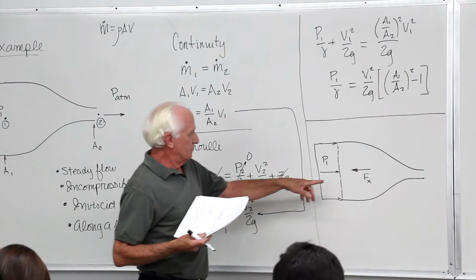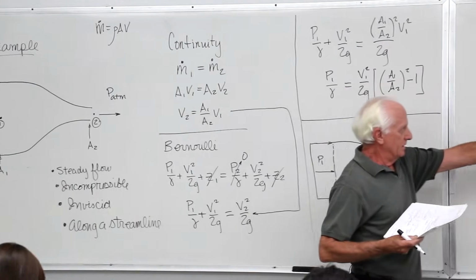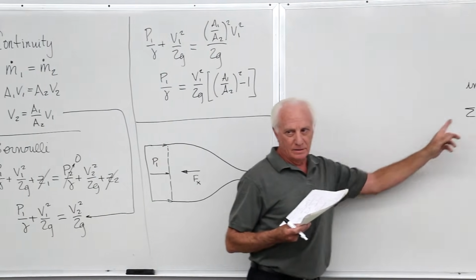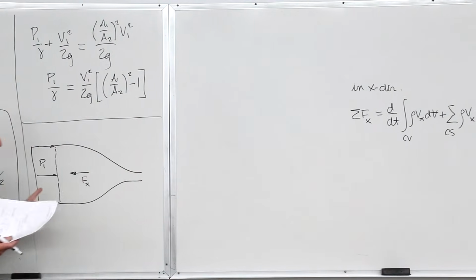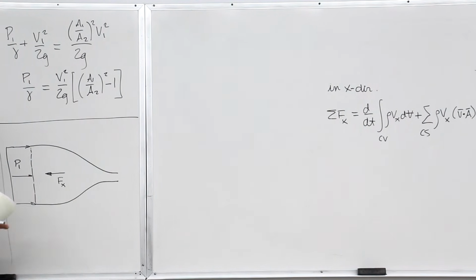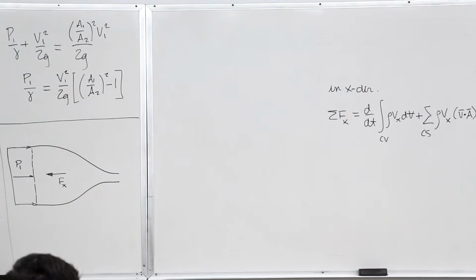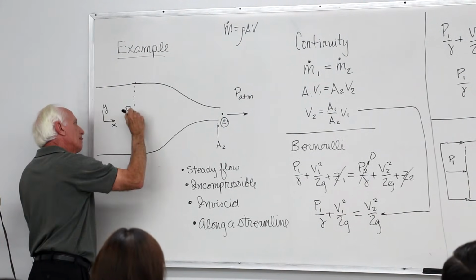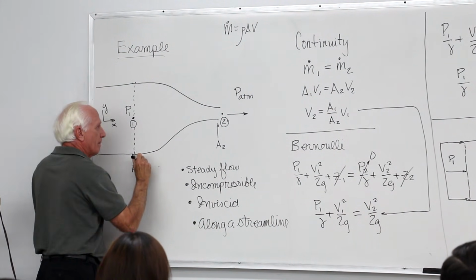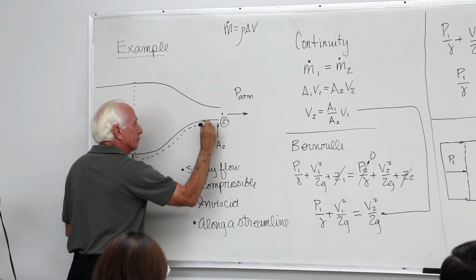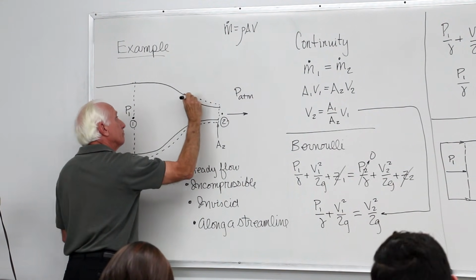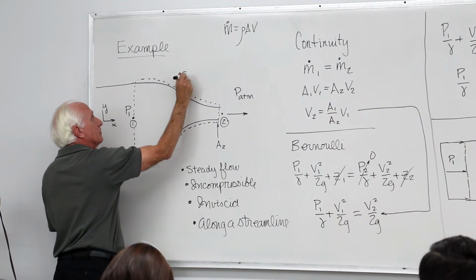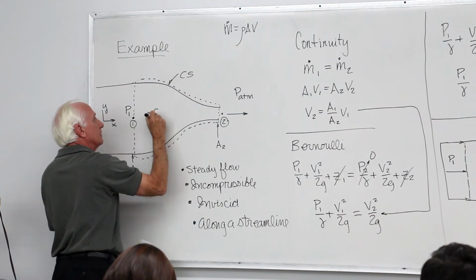Okay, now, what's this diagram here? This is the left-hand side. All the forces that act on what? The control surface. Where's the control surface? Well, here's the control volume. Control surface, control volume.